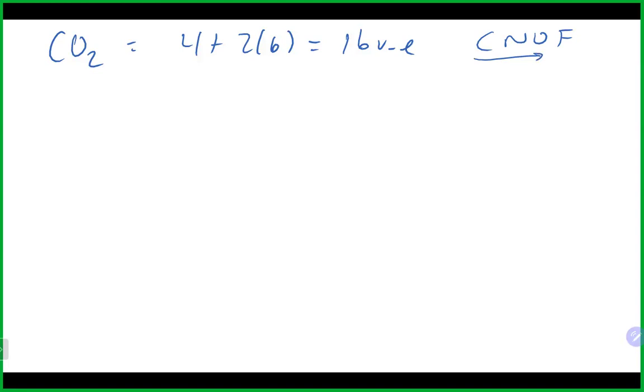And like I said before, typically if you have one element and a bunch of others, usually the one element is in the middle and everybody else is attached to it. So we're going to do a carbon, oxygen, again, a single bond to each. That's going to give us 4 electrons. We got 12 more to go.